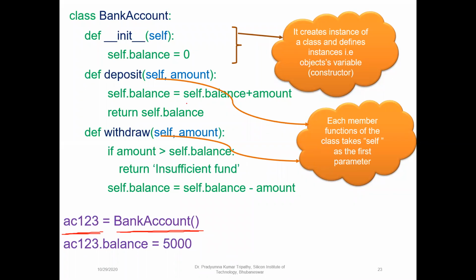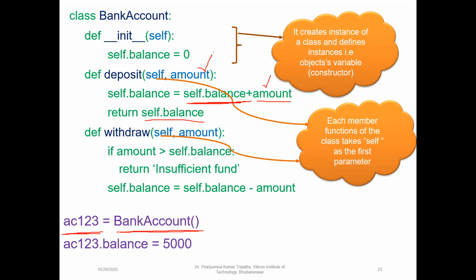Why am I writing self dot balance over here? Because this is the data member for the object. And this amount is nothing but the parameter that you have passed. As you are using self dot, that means for the current object, and you may return the self dot balance after updating.